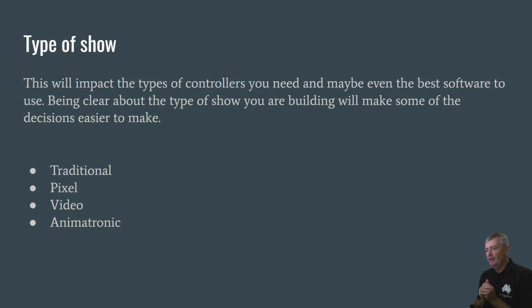So let's start off with the type of show. There are actually several different types of show, and depending on the type of show that you're putting together, the types of controllers and even the sequencing software, you may want to make different decisions. For some people, in the early 2000s when people were first going into these types of shows, light displays tended to be traditional.